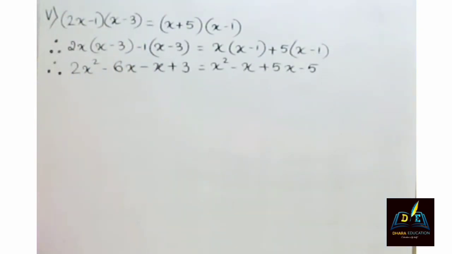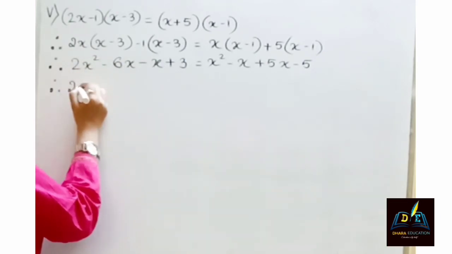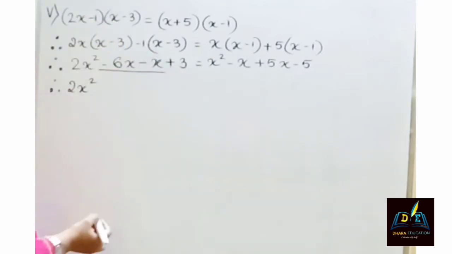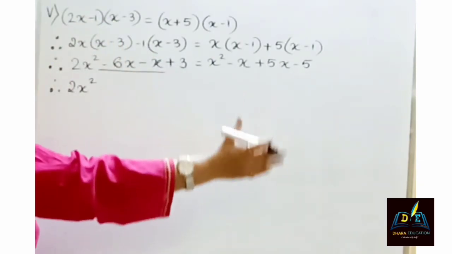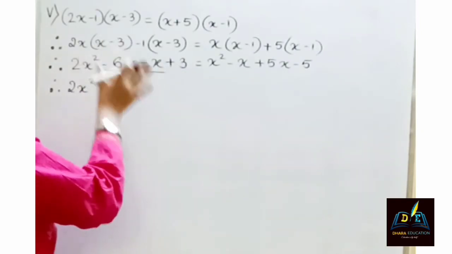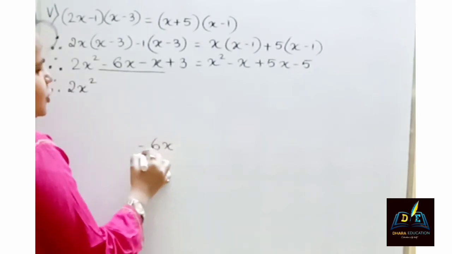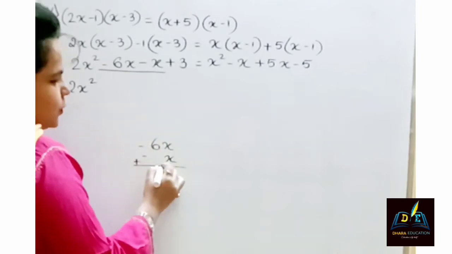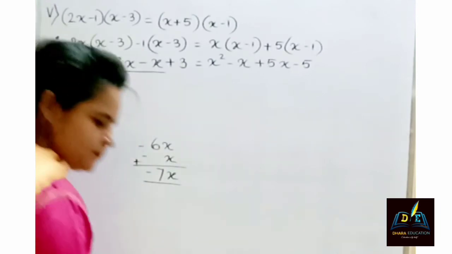Now, the next step will be 2x we will write as it is. Then we are going to add these terms, because if we solve like this only, it will be lengthy. To make it concise, we will solve this particular thing, that is minus 6x and minus x gives you minus 7x.